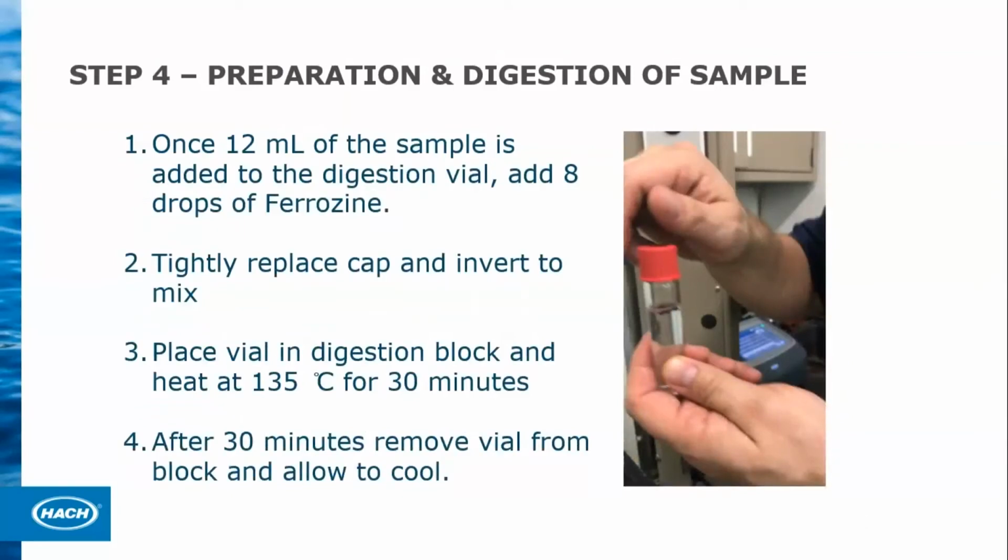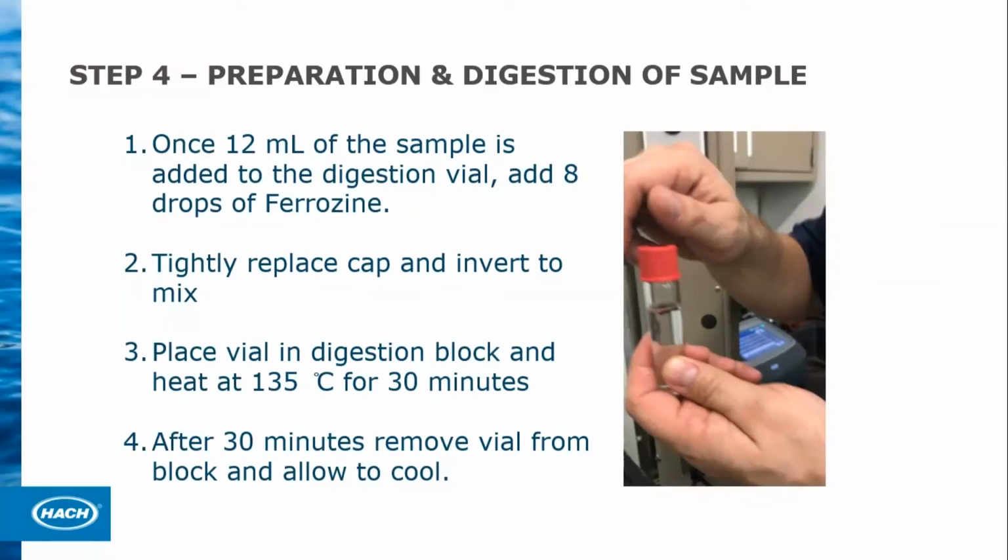Once we collect that, we add 8 drops Ferrozine. We replace the cap. We mix it. We place it in the digestion block. We heat it. So we're basically doing the same thing to the sample as we did with the DI water as a cleaning of the vessel. So now we're putting sample in the digestion vial.